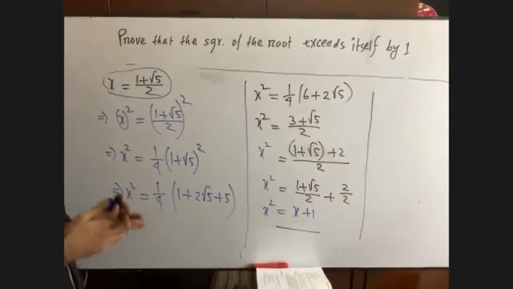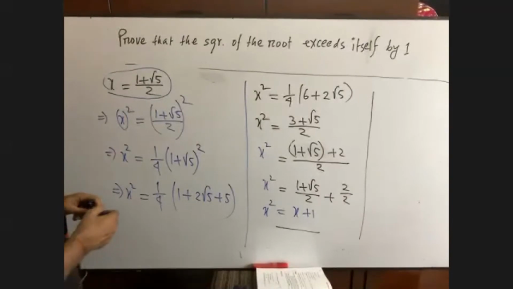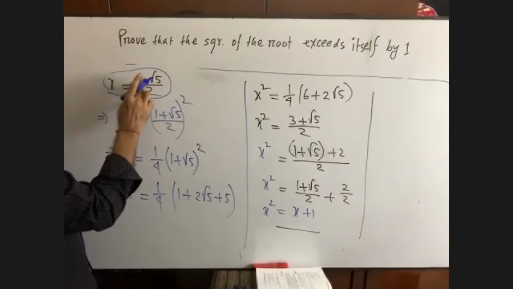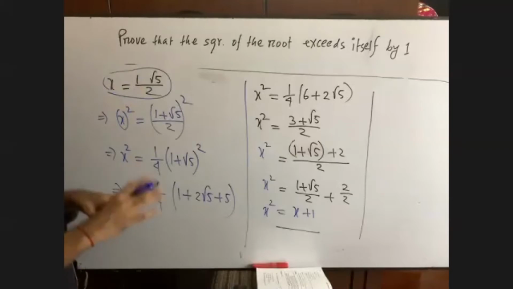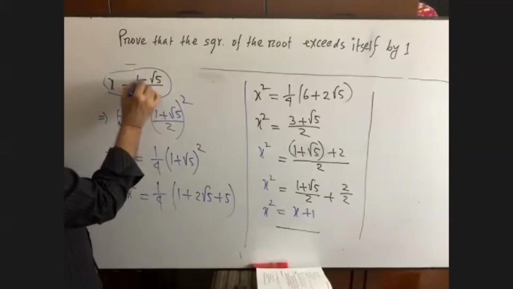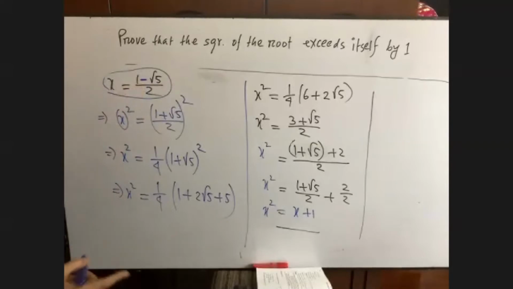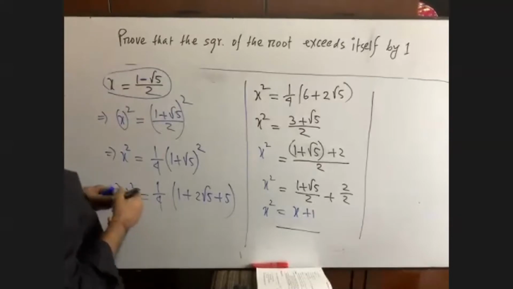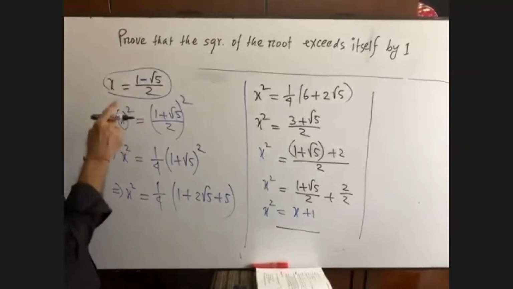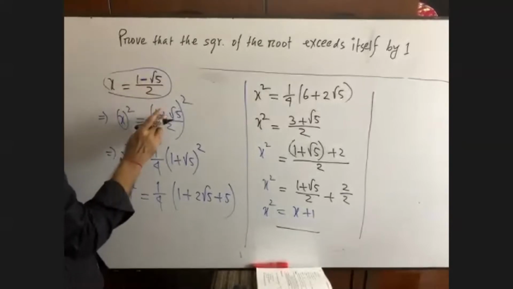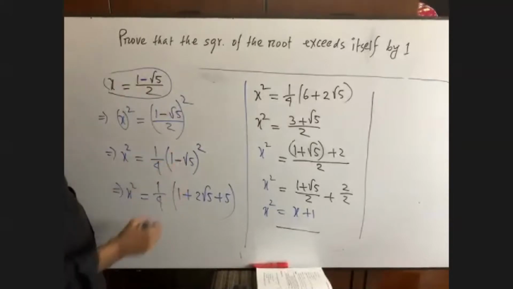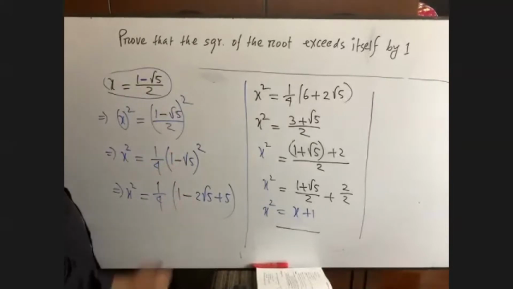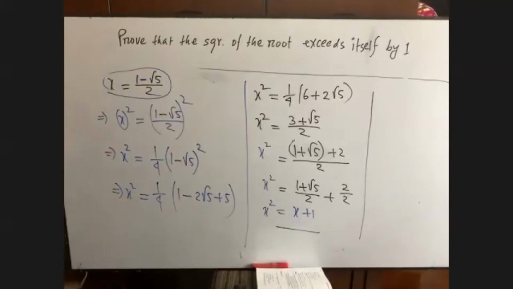But, dear student, none of you asked, sir, if it was negative. Though it was not accepted, suppose it is given. We had another root, 1 minus root 5 by 2. So it is 1 minus root 5 by 2. No need to copy it, you just see.